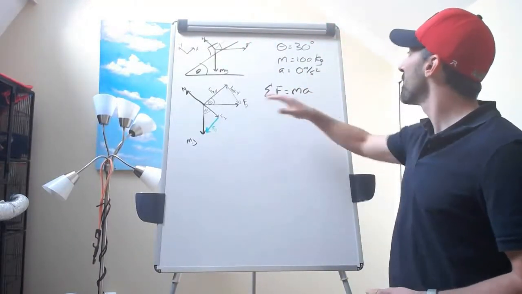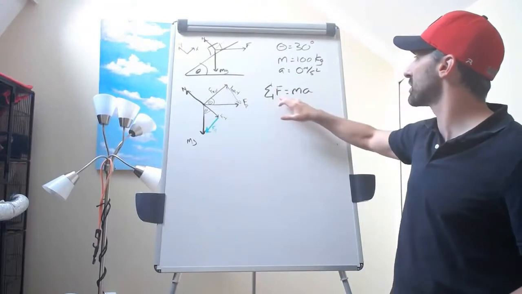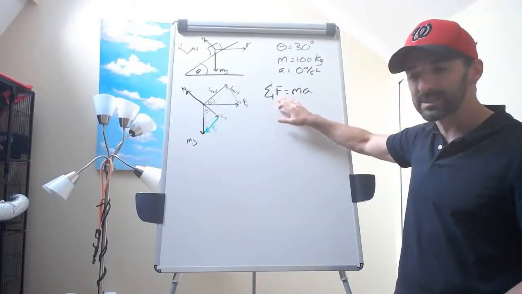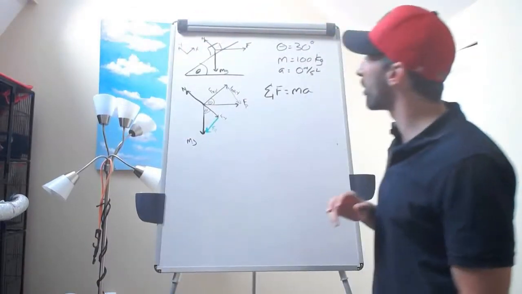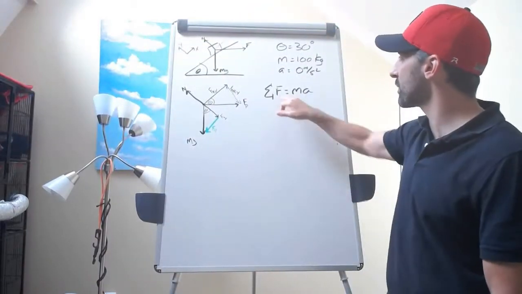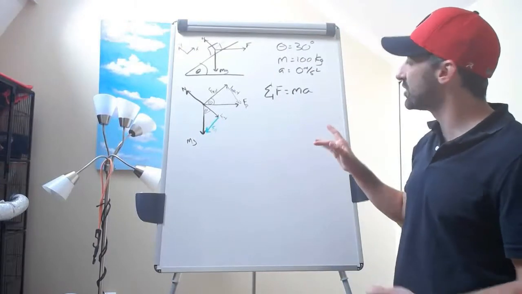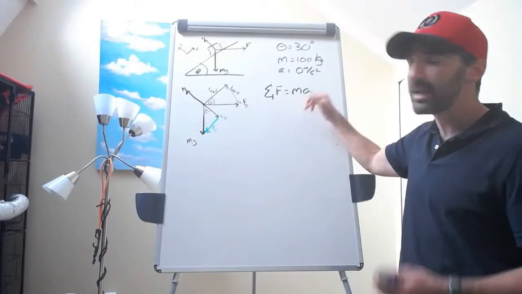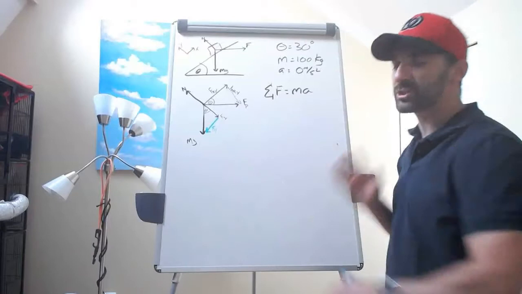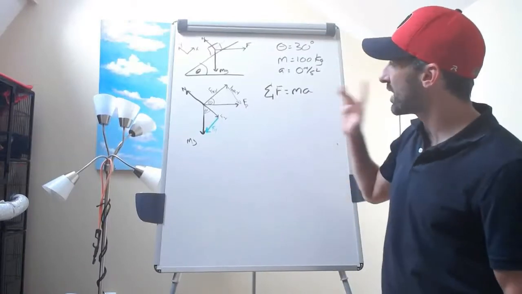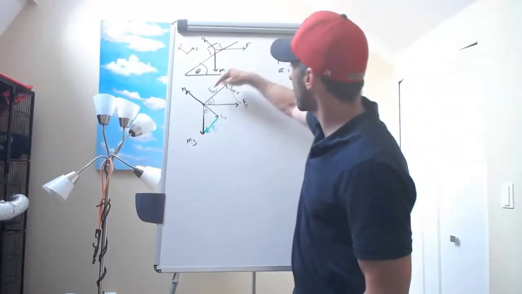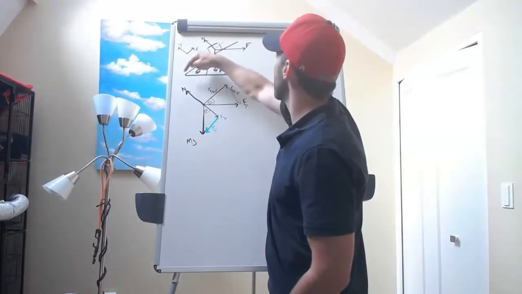So now my goal in this problem was to find out what F was, and I actually don't remember the second part, I wrote it down. Oh, and what the normal force was. So the first thing we'll do is find F, and to do that I know F net equals ma, and I need to figure out what directions I'm going to work with. Well, the directions I'm going to work with are the up and down the incline direction.